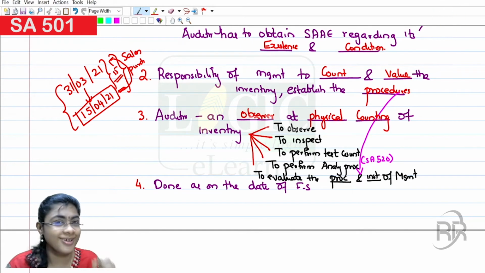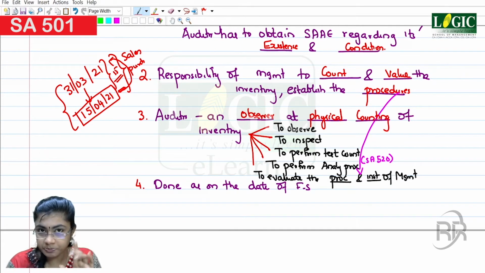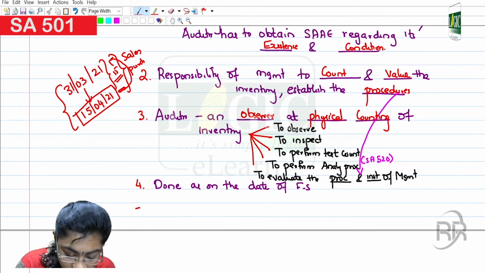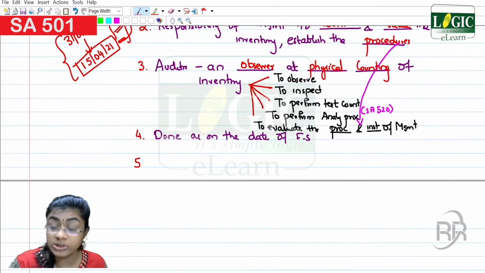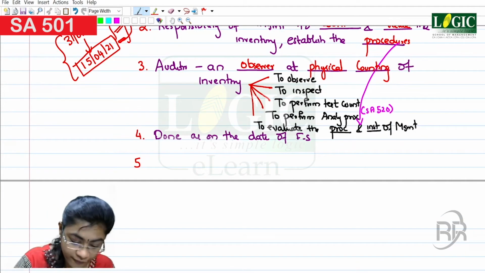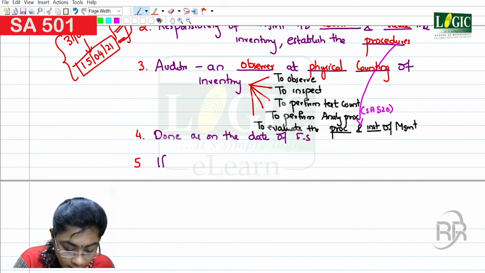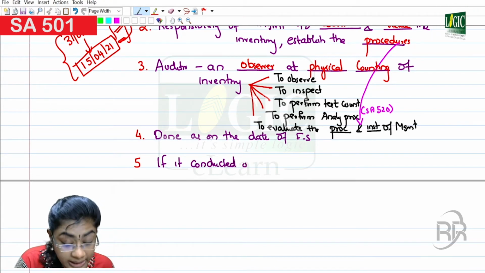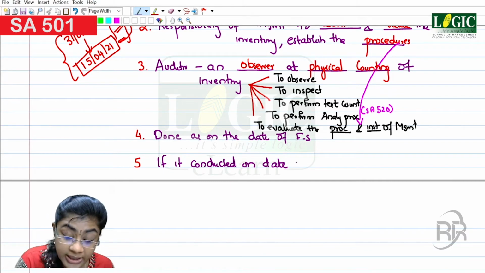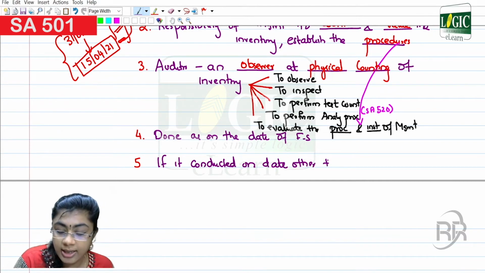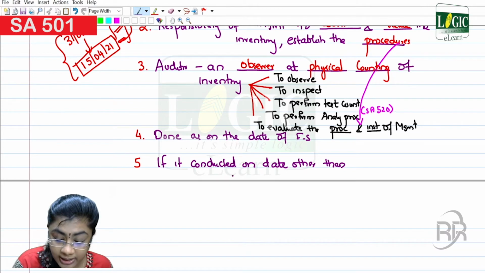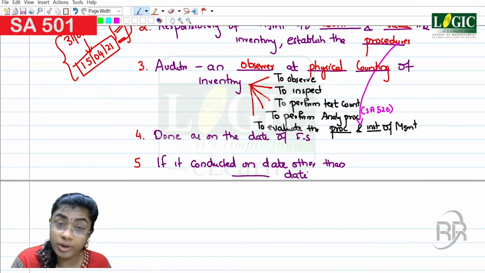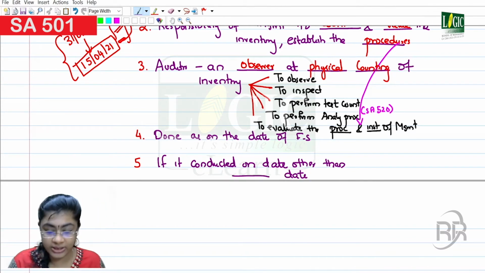What period? Intervening period. So that is the fifth point. What was the fifth point? If it is conducted on a date other than the date of FS.